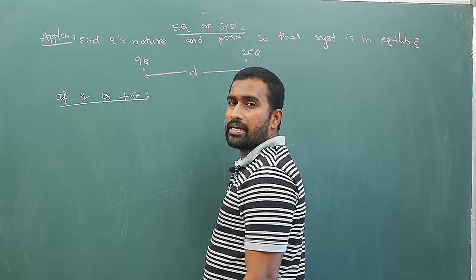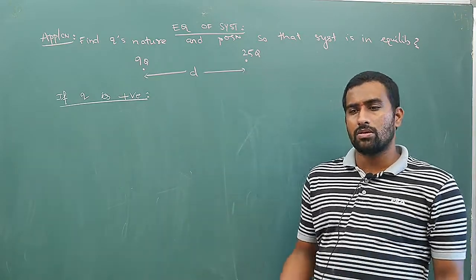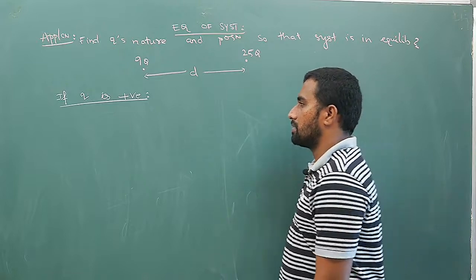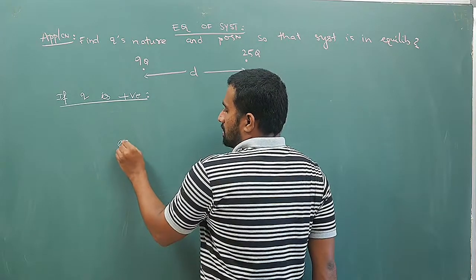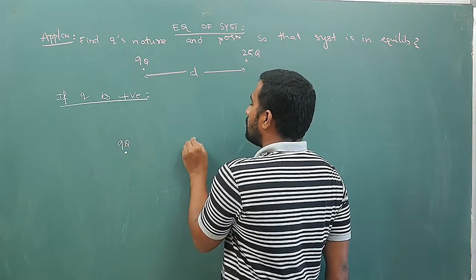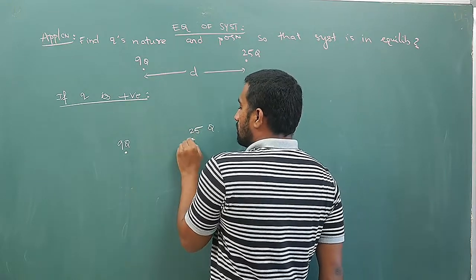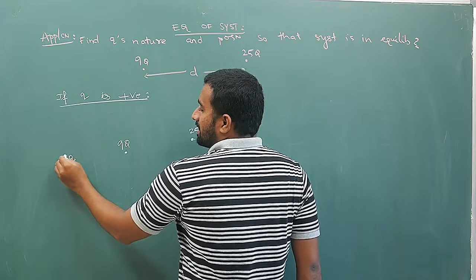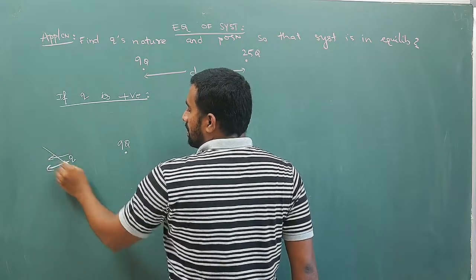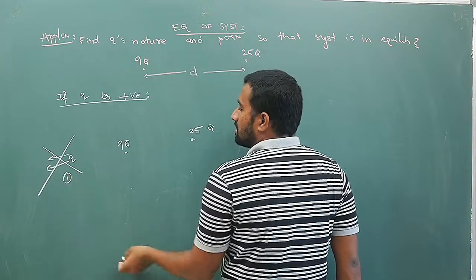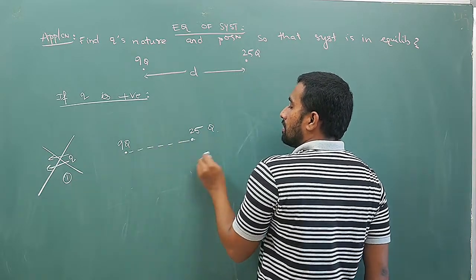For net force to become 0, you need two equal and opposite forces on that particular charge. In this case, if you take 9q and 25q, and q is positive and I place it here, these two charges will repel because both are positive. So left of this is not possible.